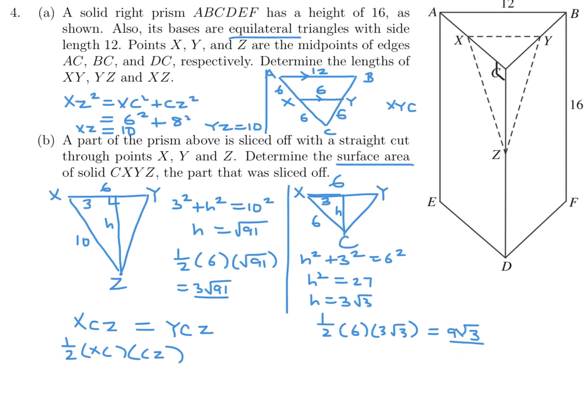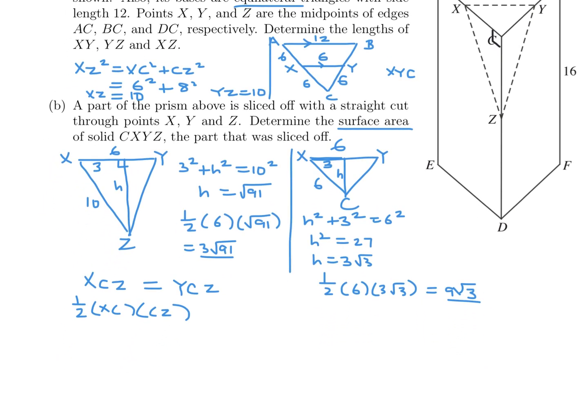XC is 6, it's right here. And CZ is half of the full height, so it's 8. So that's going to be 24, and therefore this is also 24.